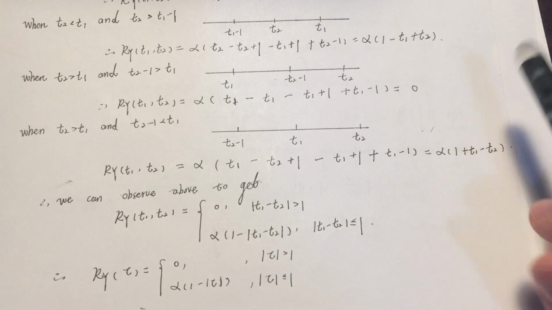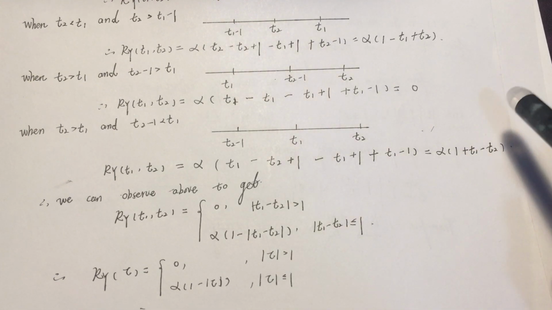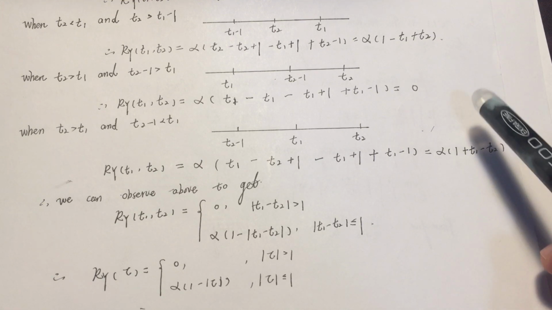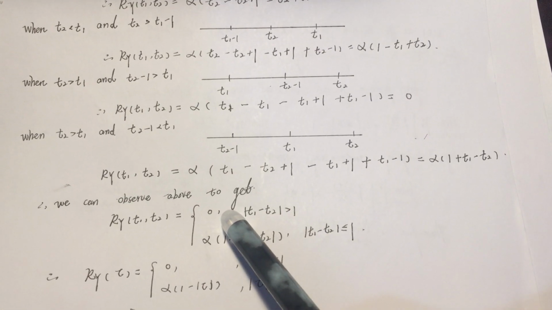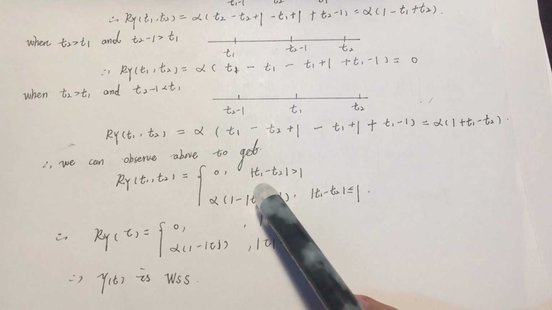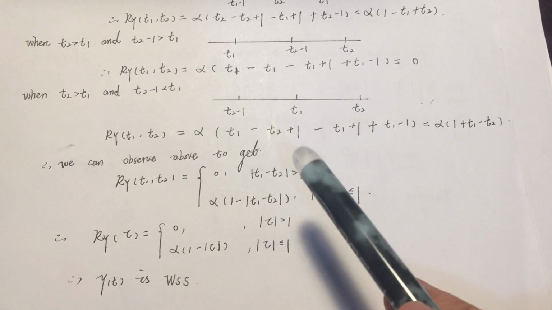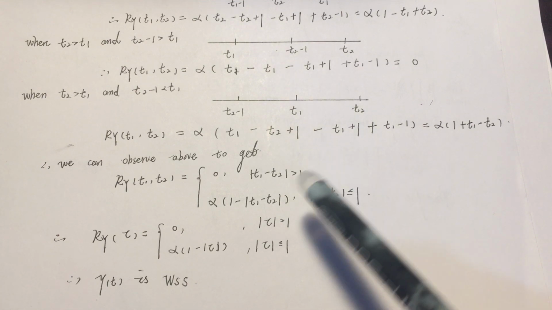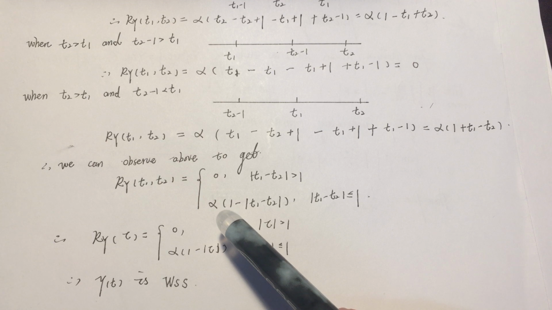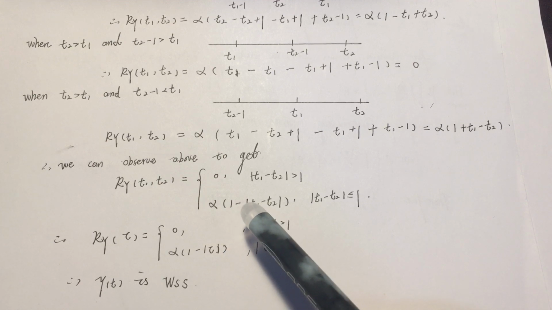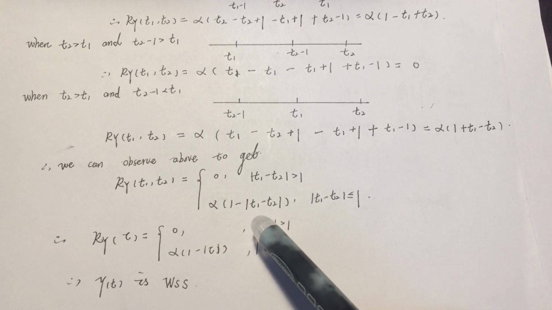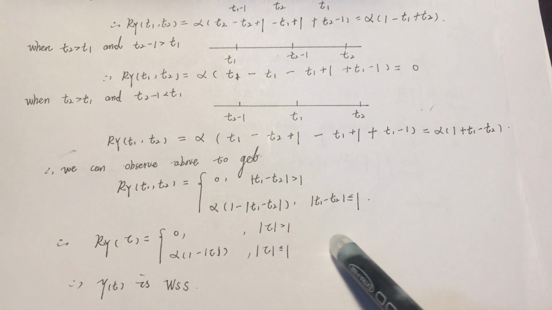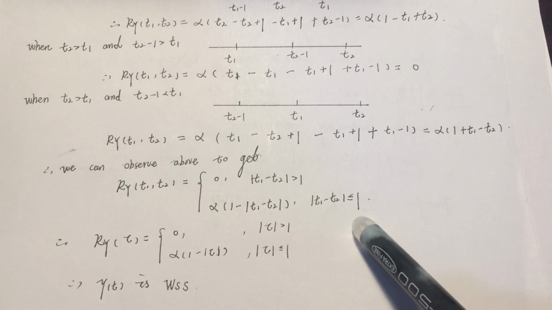So we can observe from above that R_Y(t1, t2) can be concluded as 0 if the absolute value of t1 minus t2 is bigger than 1, and it equals alpha multiplied by 1 minus the absolute value of t1 minus t2 if the absolute value of t1 minus t2 is less or equal to 1.